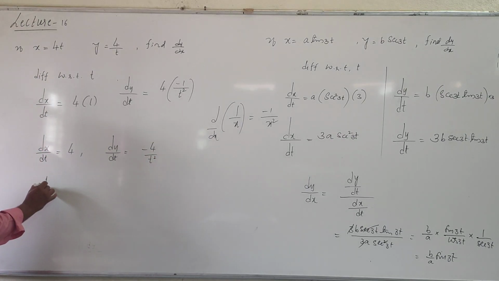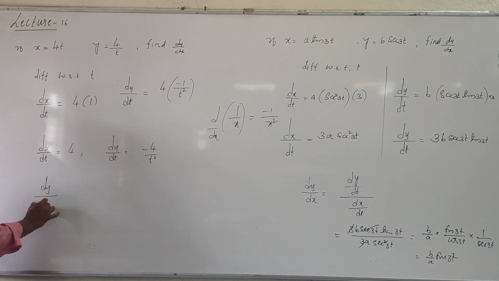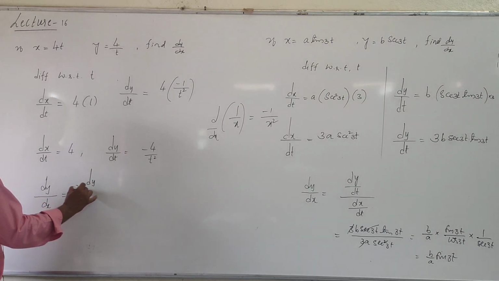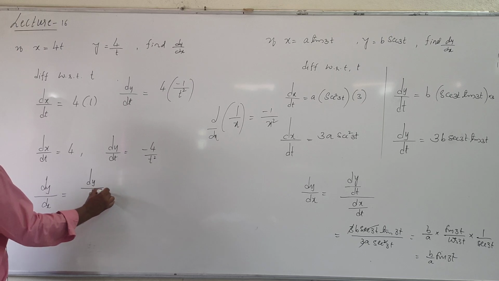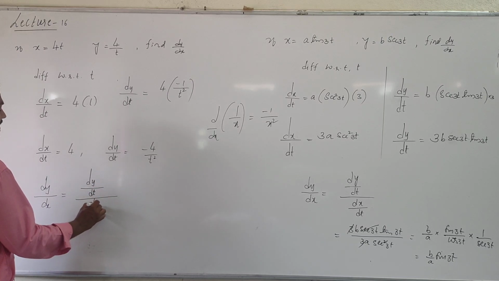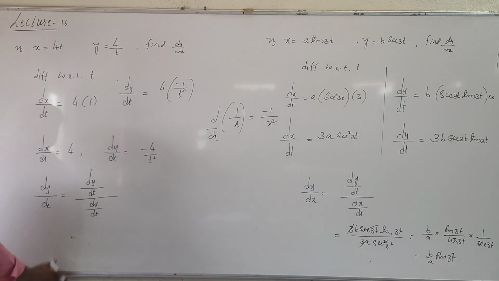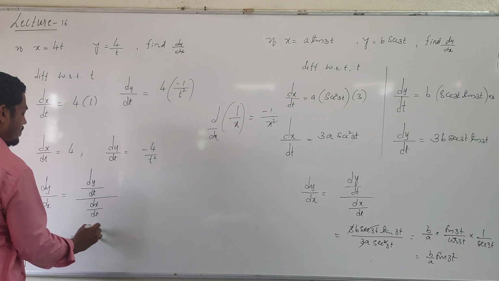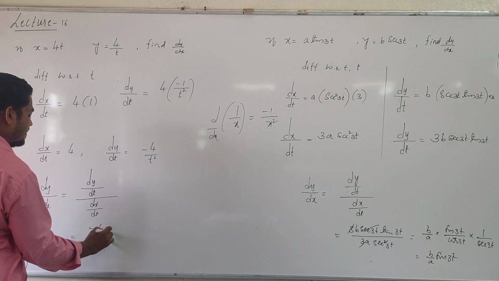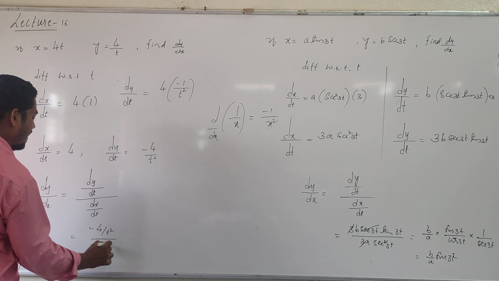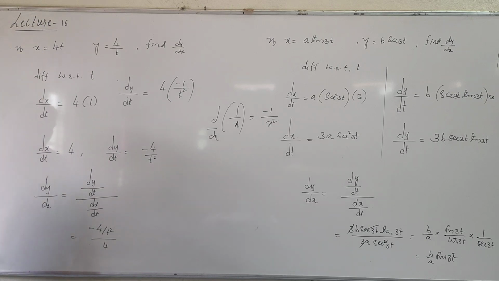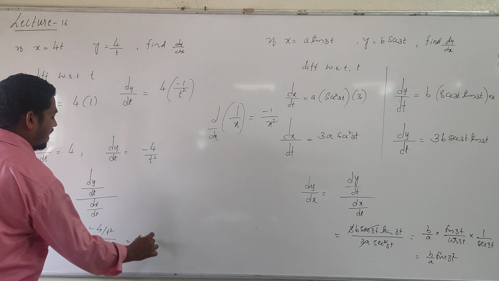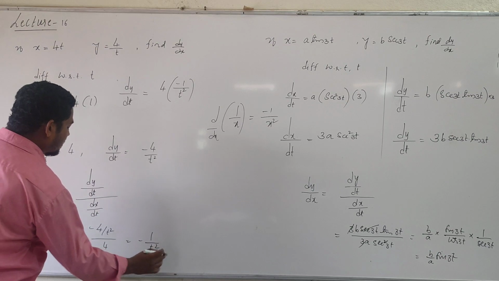After this, our requirement is dy by dx. dy by dx equal to dy by dt divided by dx by dt. Now replace both the values. dy by dt, minus 4 by t square, whole thing divided by 4. That's equal to minus 1 divided by t square.